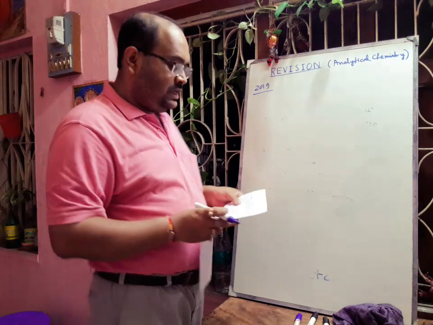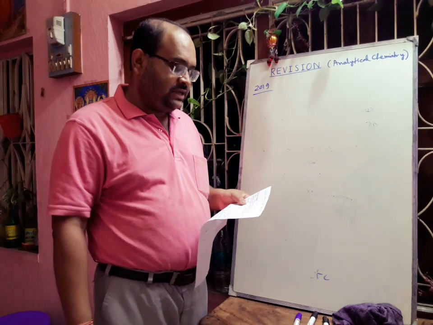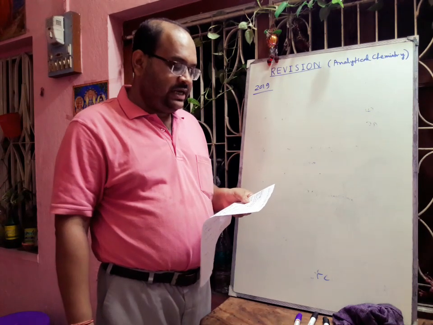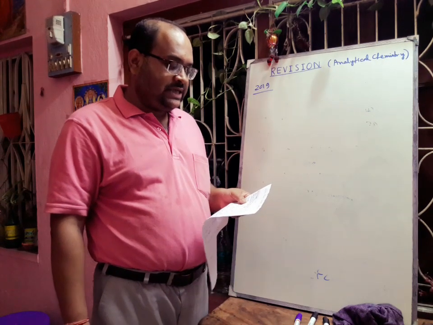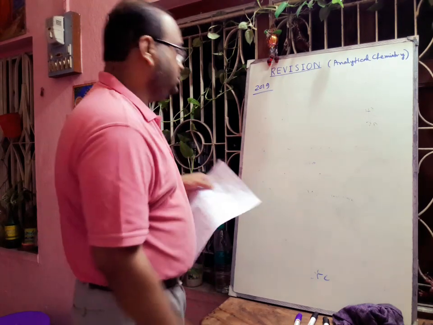In the year 2019, the question came: distinguish between the following pairs of compounds using the reagent given in the bracket: ferrous sulfate solution and ferric sulfate solution, using sodium hydroxide solution.